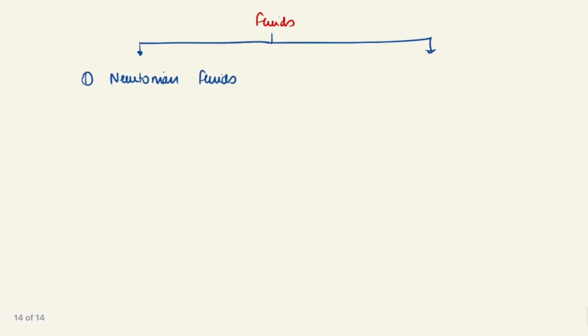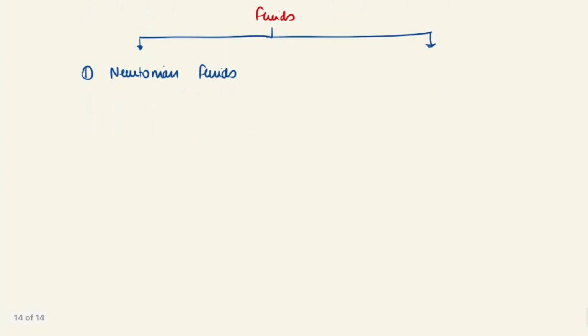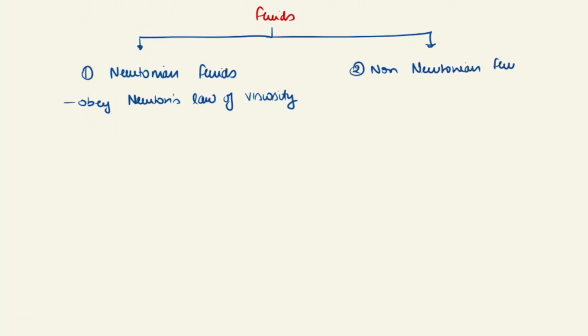Well, as the name suggests, Newtonian fluids obey Newton's law of viscosity. And the second one is non-Newtonian fluids. They won't obey Newton's law of viscosity.